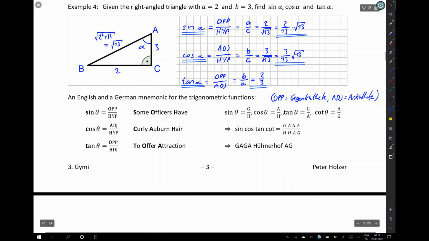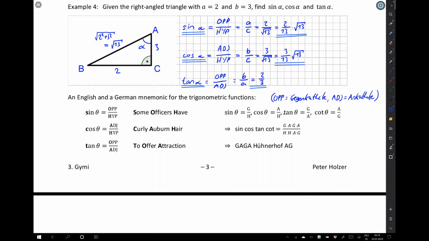When we write now the four ratios or four functions next to one another, so sine, cosine, tangent, cotangent, we write it all in one fraction, so we get this expression here and we can remember that as Gaga Hühnerhof AG. Well, I don't know if some of these mnemonics are of help to you.